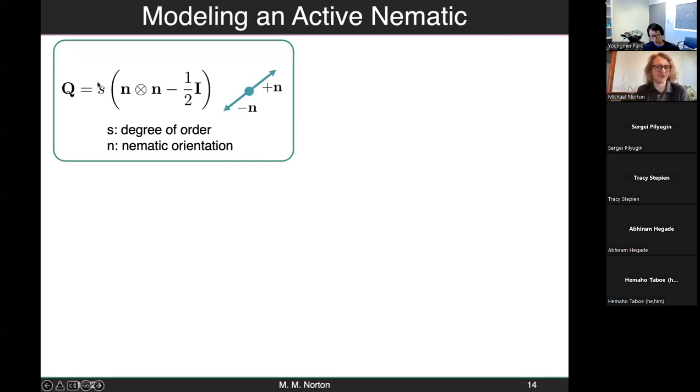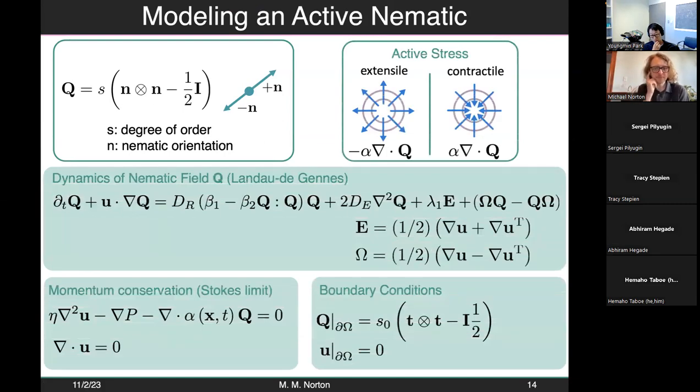Okay, I showed this earlier, but we first need a field that describes the orientation of our microtubules, and this is borrowing from liquid crystal theory. We have this second order tensor Q that describes both the degree of order and the orientation of microtubules.